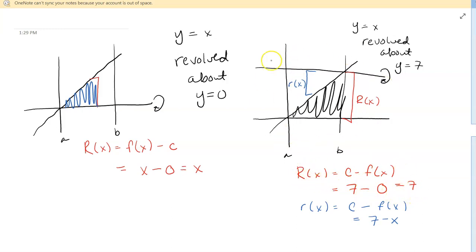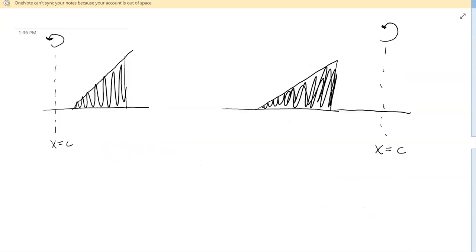There's an outer cylinder that's being formed here. And then the part that's being erased from it, the hole of the washer, little r of x, is going to be c minus whatever the portion of the shape is. So in this case, that ends up being 7 minus x. It's the distance from here to here. And because we're talking about a distance, you want that to be a positive amount.